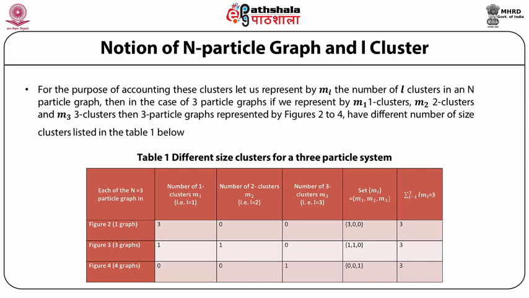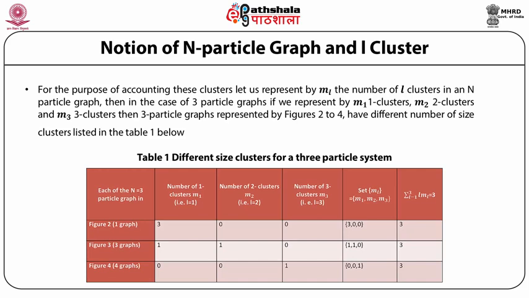For example, in figure 2, one graph, the number of 1 clusters M1 is 3, the number of 2 clusters M2 is 0, and the number of 3 clusters M3 is again 0, and the set of these numbers of L clusters, M1, M2, M3, is 3, 0, 0, such that the sum over L equal to 1 to 3 of L·ML is equal to 3.